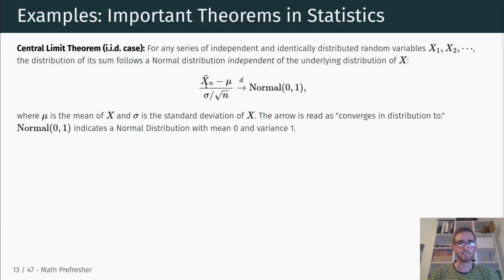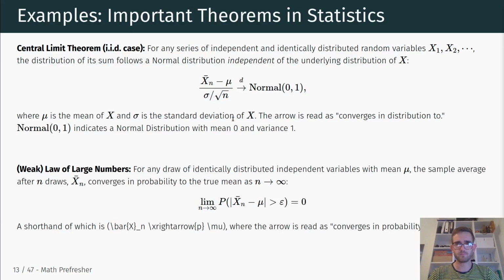Basically, if we normalize these x's by subtracting the mean and dividing by the standard deviation, then as n increases to infinity, this equation converges in distribution to a standard normal distribution with mean 0 and standard deviation 1, or variance 1. And we'll use this central limit theorem to characterize uncertainty around a lot of our estimates.